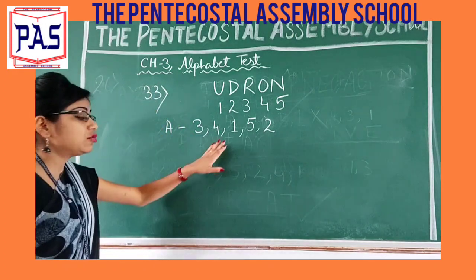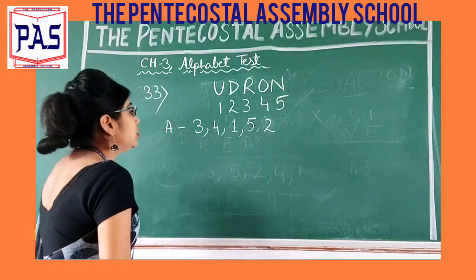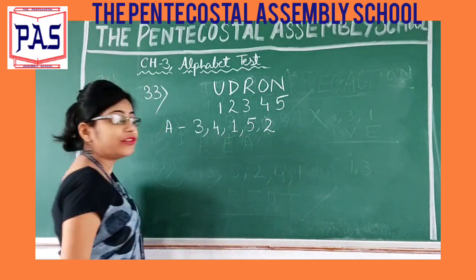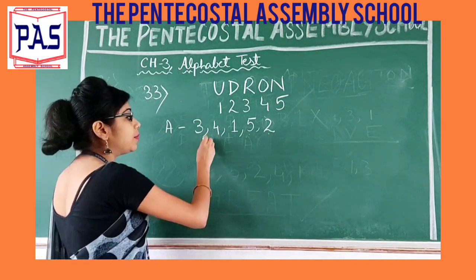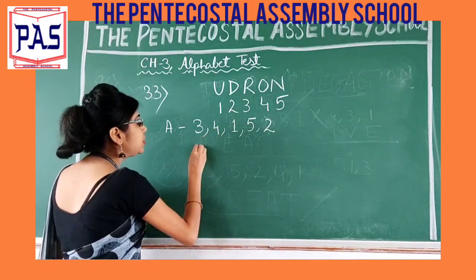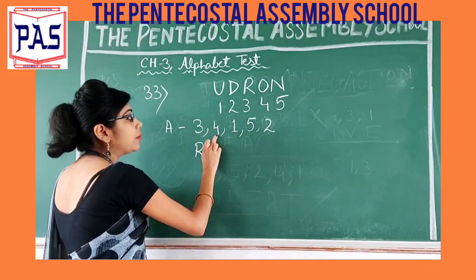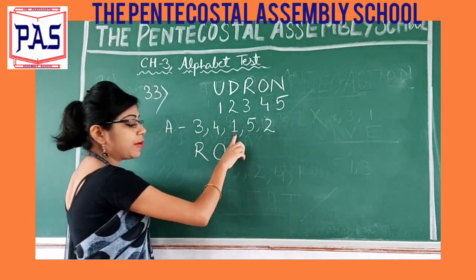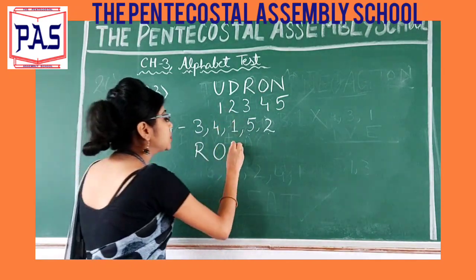Let's check out the first option. The numbers are 3, 4, 1, 5, 2. So which letter comes on number 3? On number 3, R is coming. On number 4, letter O is coming. On number 1, letter U is coming.